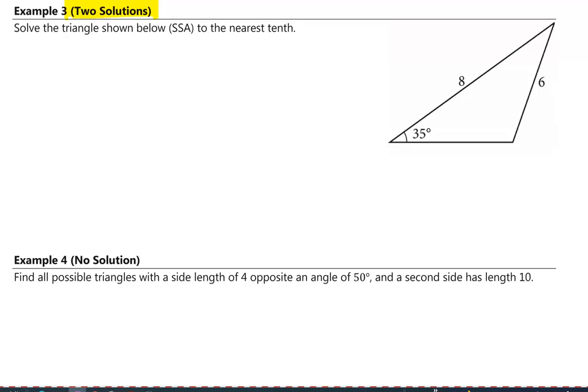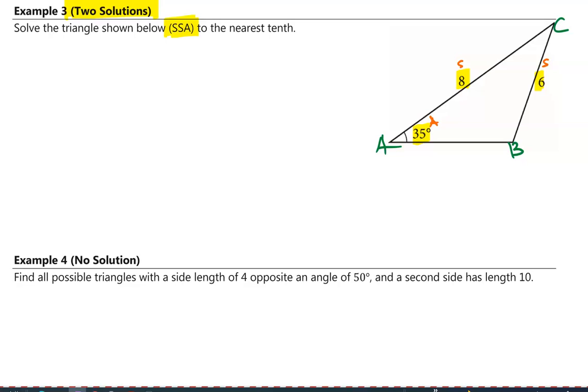Solve the triangle shown below, SSA, to the nearest tenth. Side, side, angle. So this is side and the angle part. Let's say these are the angles A, B, and C, and the opposites are the sides.